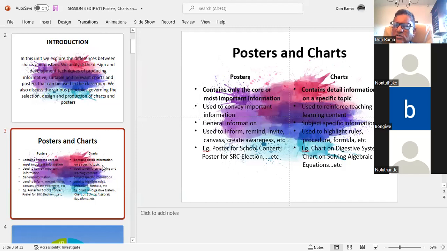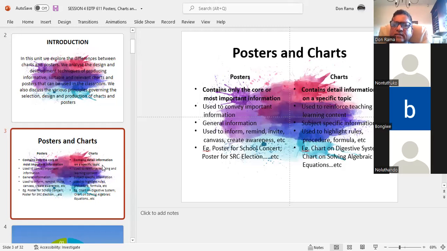The square on the hypotenuse is equal to the sum of the square on the other two sides. That is the theorem of Pythagoras. So charts are primarily made to help you in your teaching in the classroom, as well as to help learners to remember the core information of your lesson.